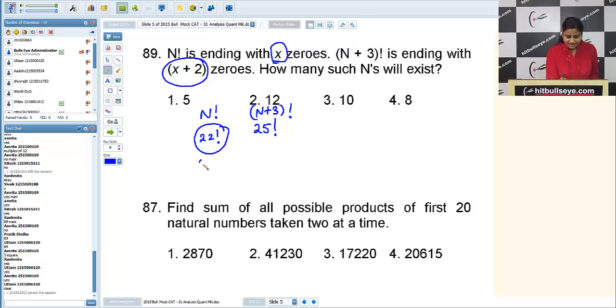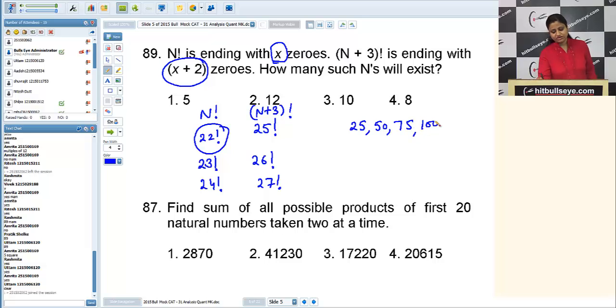Now it can be 23 factorial, 26, 24 factorial, corresponding to that we are getting 27 factorial, that's it. So corresponding to every multiple of 25 we will get 3 values of n. So how many multiples of 25 are here? 25, then we have 50, then 75, then 100, then 125, then 150 and so on.